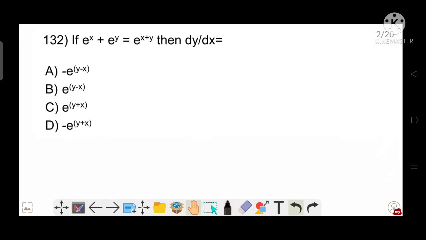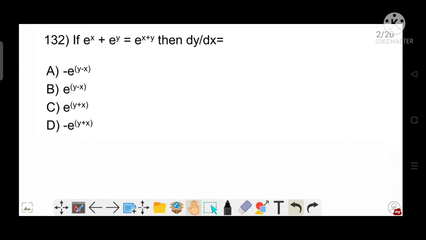This is your derivative question, so you take its minimum time. Directly we differentiate: e to the power x derivative is e to the power x, plus e to the y derivative is e to the power y dy by dx.